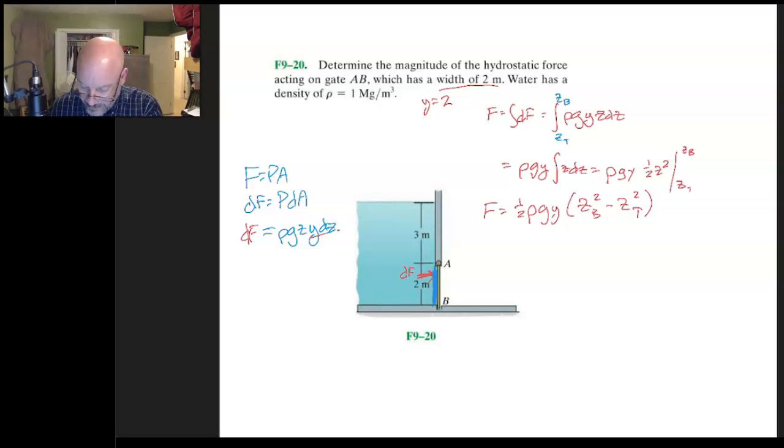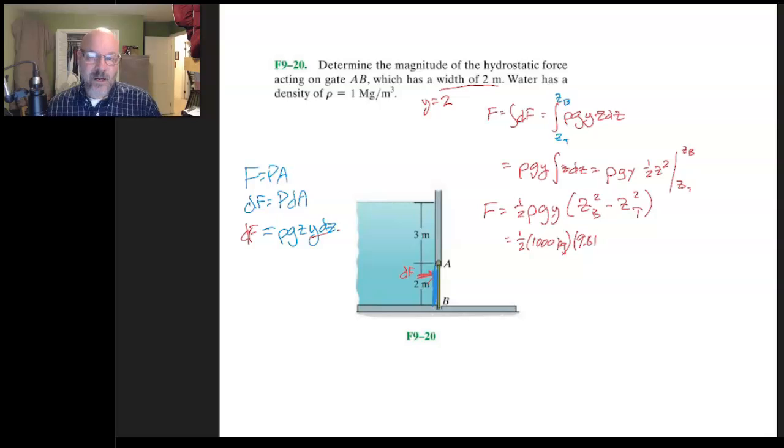All I need to do now is put in my numbers. So I'm going to have 1/2 times 1,000. Notice up here it says a million, that's 1,000 kilograms per cubic meter. So I need to do everything in CGS. 9.81. Not CGS, sorry, we're not using CGS units.